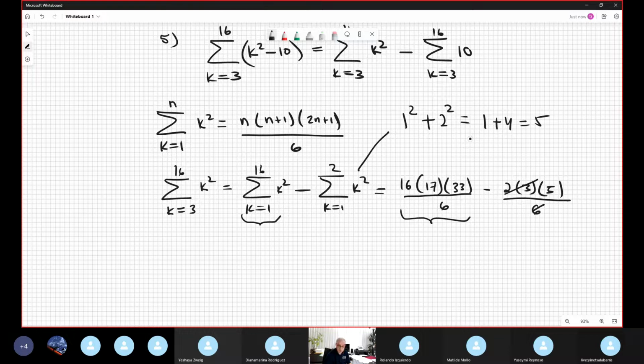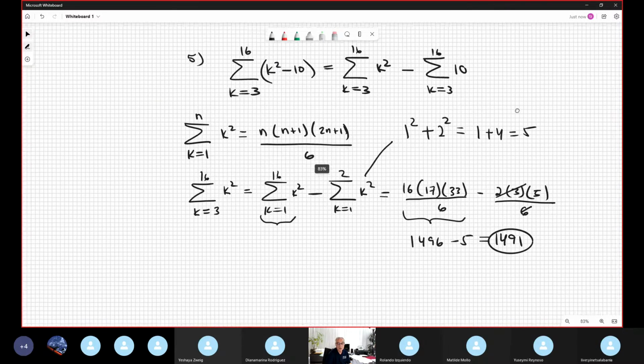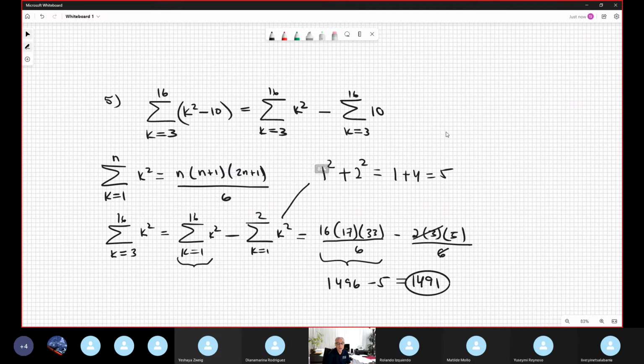And the answer is 1,496 minus 5, which is 491... actually 1,491. But this is not the final answer. This is the answer only for that part. I need to find the other part, but that part is super easy.